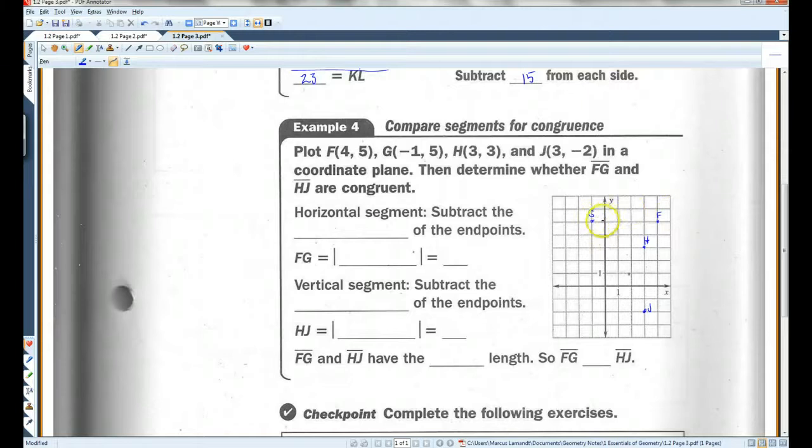So here's FG and here's JH. Imagine that's straight. The horizontal segment, I'm going to subtract. This is negative 1 and this is 4. So I'm going to subtract the x-coordinates of the endpoints.